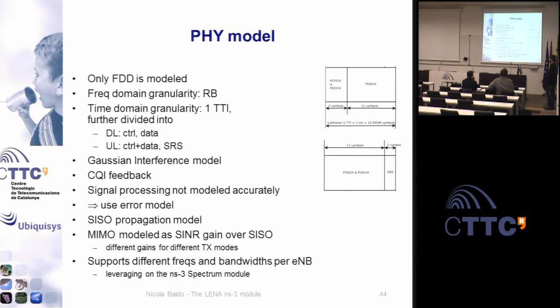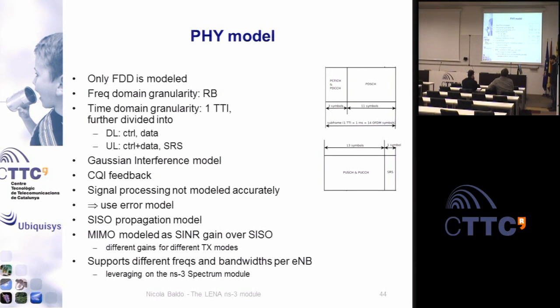And you can actually tune the different gains that are used for different transmission modes, and in principle this should be done taking into account the correlation among antennas in the scenario that you are considering. And finally, the physical layer model supports a setting of different frequencies and different bandwidths for each eNB. And you can have, in the same simulation, different eNBs with different settings.